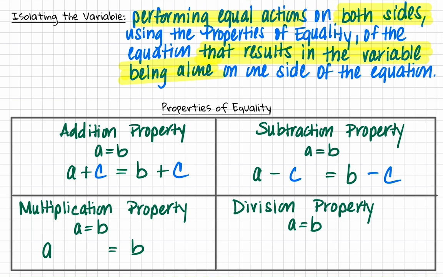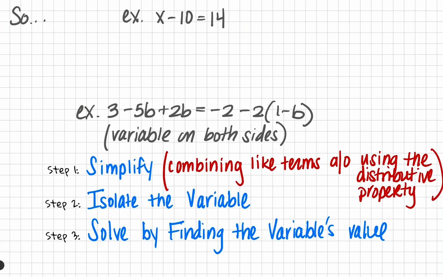So I'll put the times sign, C times C. Same thing, if I divide on the left side, I must divide on the right. This will be shown much more often as we practice problems.